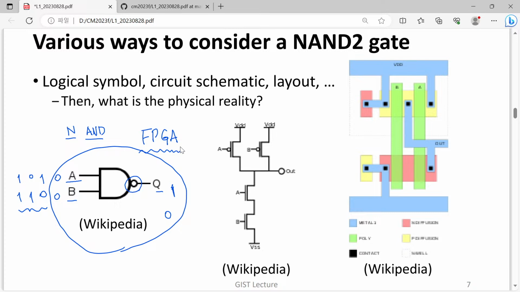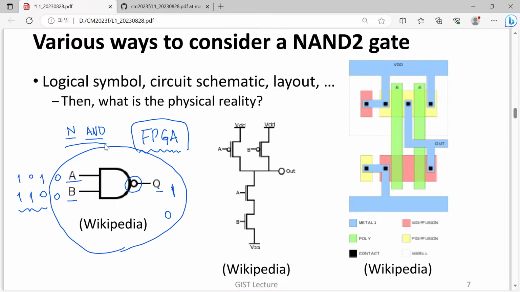In-field means not fabricated in the factory, but in the field, in your research lab, you can fully change your system into a certain logical functionality. So FPGA is actually made of NAND gates. That is quite practical, and we are using this kind of thing.